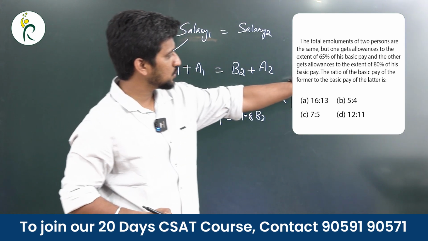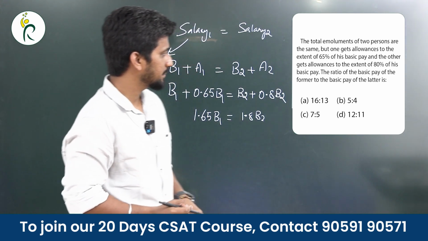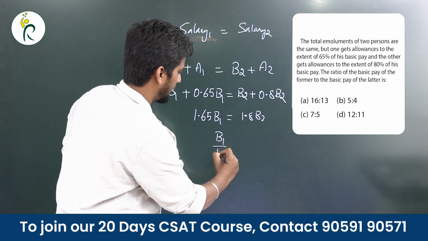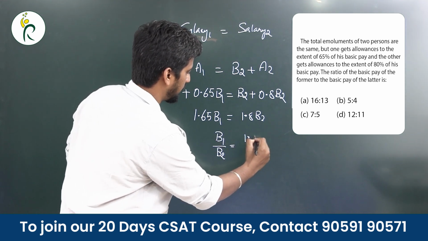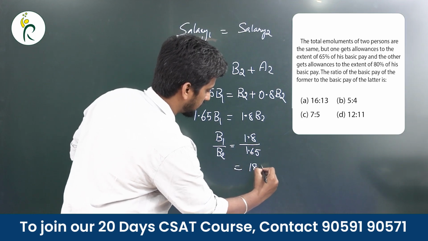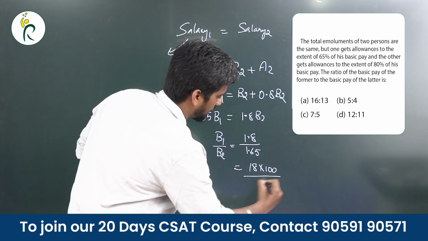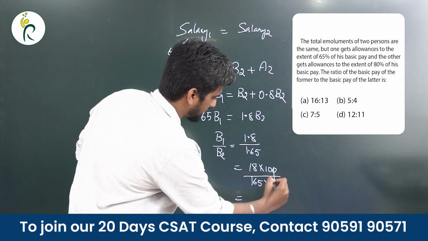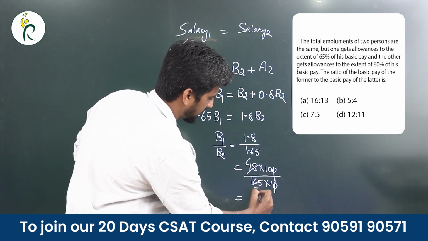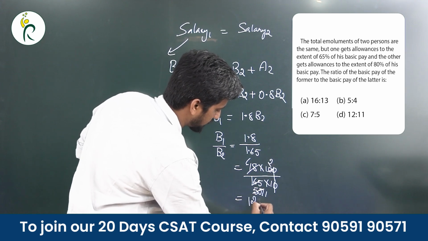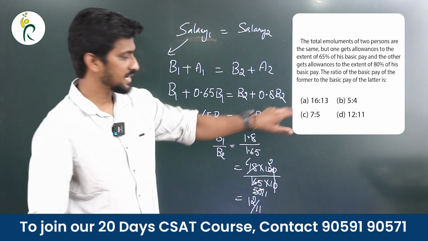Now I want the ratio of the basic pay of the former to the basic pay of the latter, that is B1 by B2. So B1 by B2 equals 1.8 by 1.65. I can write this as 18 into 100 by 165 into 10. I can simply say 3 6s are 18, 5 5s, 5 11s, 5 2s. So 6 2s are 12 by 11. That is, D is the answer.